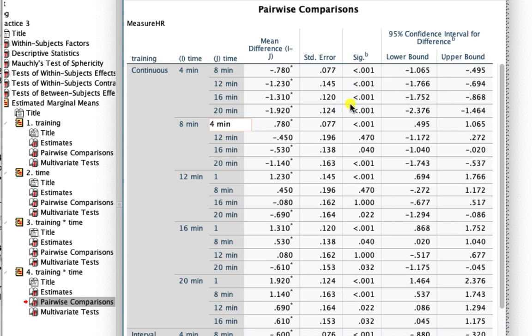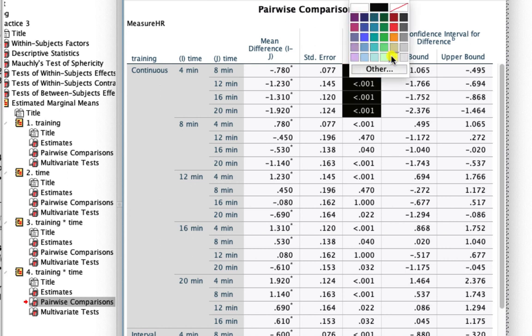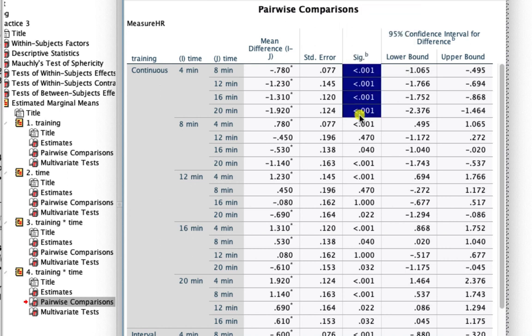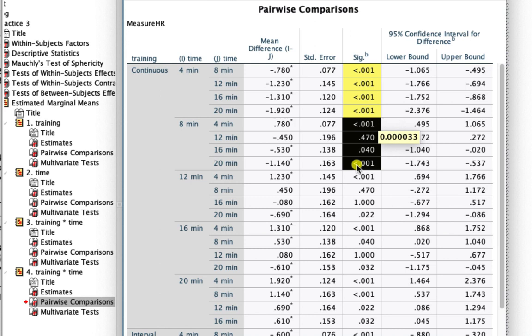So kind of spanning this area here, I notice that all of these time points are significantly different from 4 minutes. So I'll highlight those. I then have my differences between 8 minutes and all of the other time points. I've already accounted for this one, so really I'm just looking at these last 3.